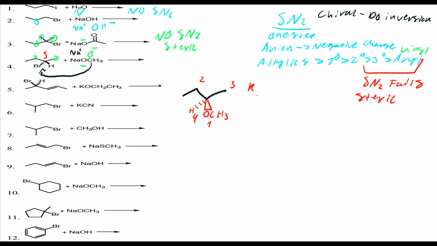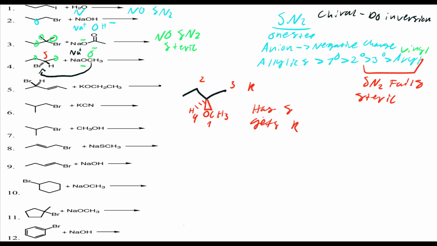That's weird. And here's a really take-home lesson. Whenever you're doing a chiral inversion for SN2, right, if you have S, you're going to get R. So has S, gets R. And what I'm trying to say is you're going to get the other configuration after an SN2 reaction for a chiral carbon.